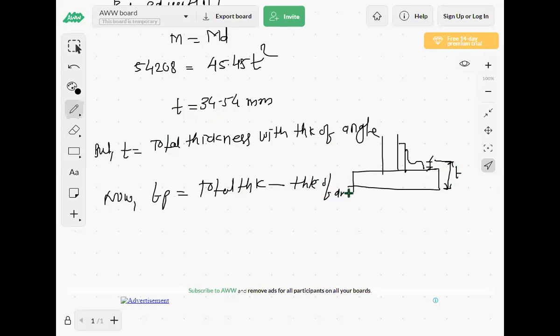Here total thickness is 34.54 minus thickness of angle, which is 15 mm. So 34.54 minus 15, how much? Calculate it.